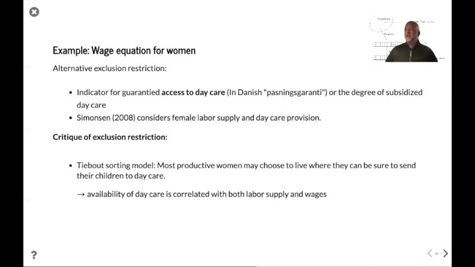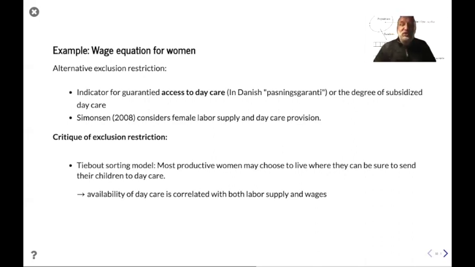Essentially, it's saying that people sort into areas that they like. So if you really are dependent on childcare and high quality childcare to perform in the labor market, then you might move into a region where there's pasningsgrænse or guaranteed access to daycare, right?